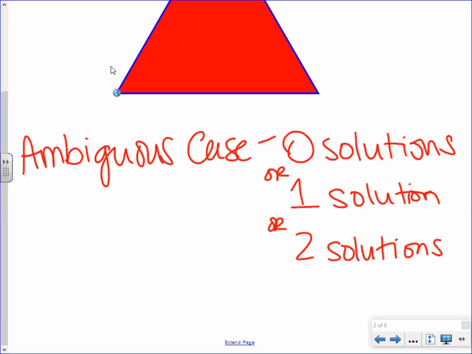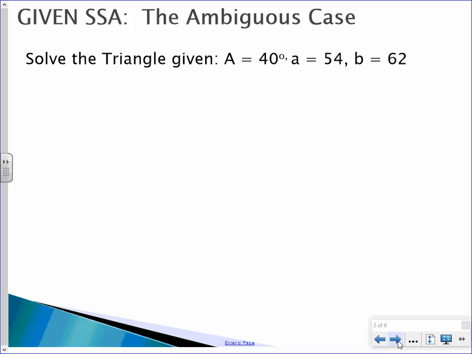So what we're going to do first is look at a triangle that has two solutions. Okay, so here is that given information. Angle A is 40 degrees, side A is 54, and side B is 62.